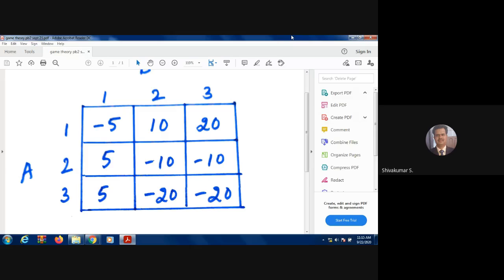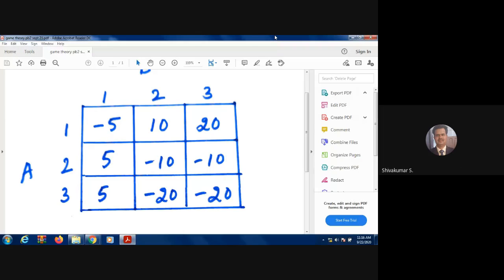Solve this problem now. So row 3 is dominated by row 2.